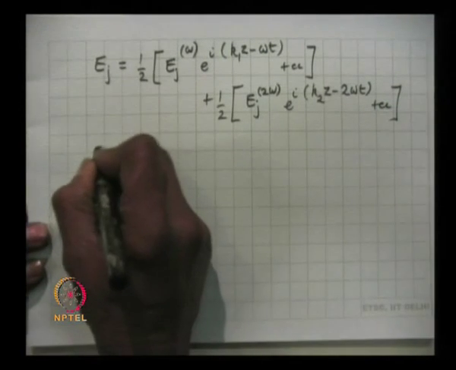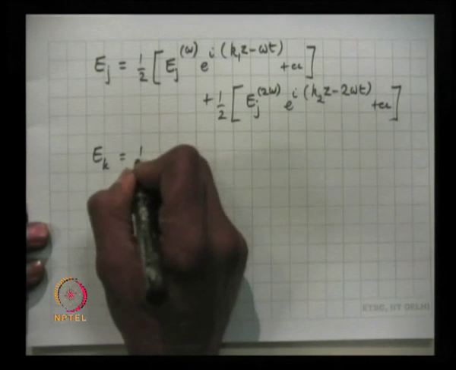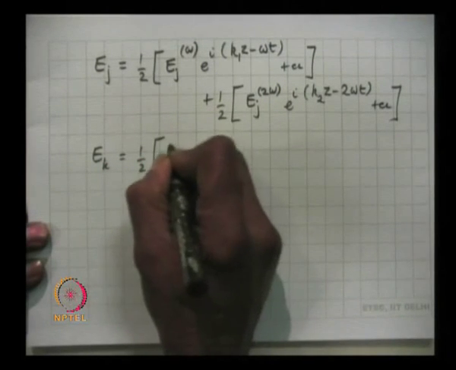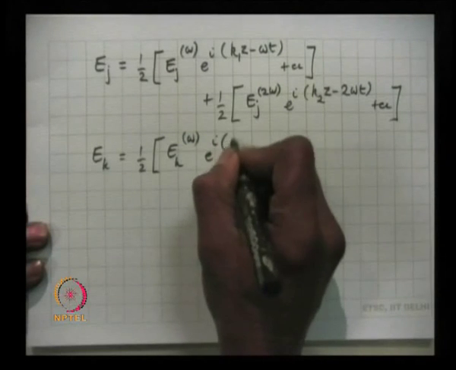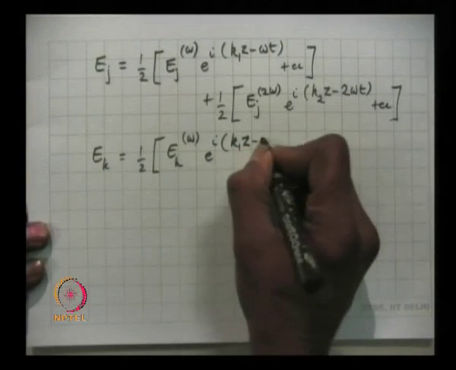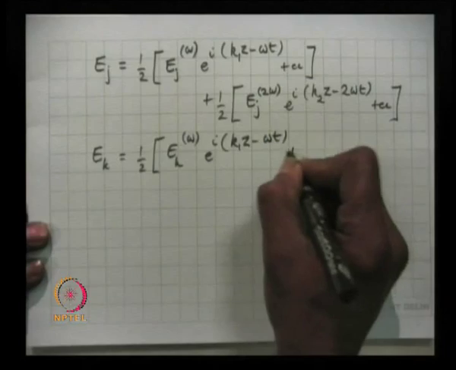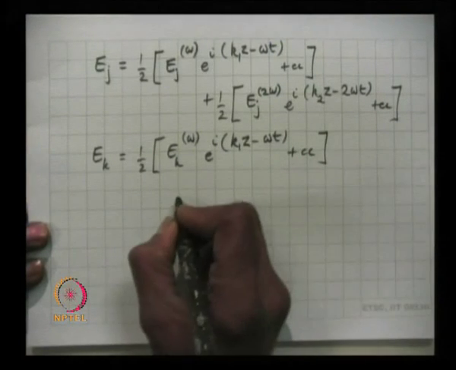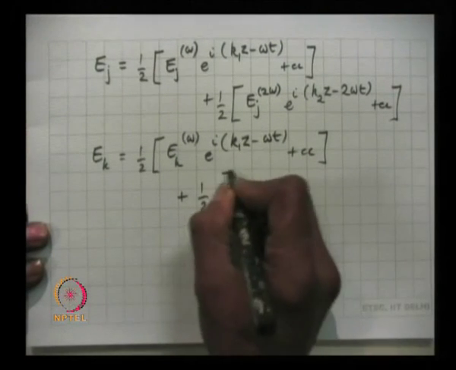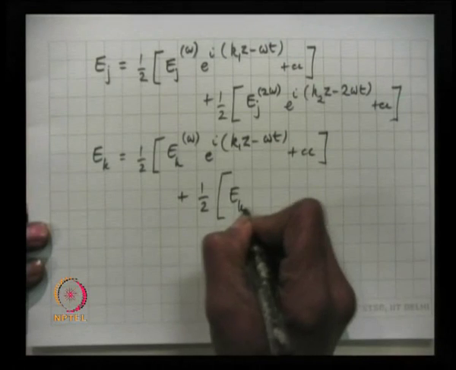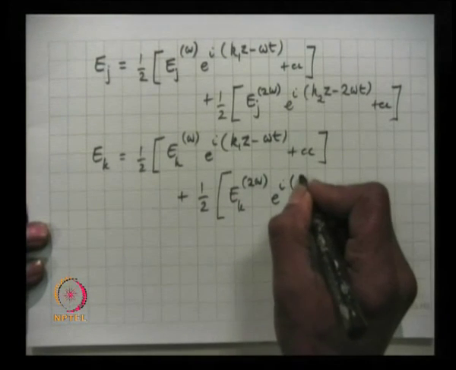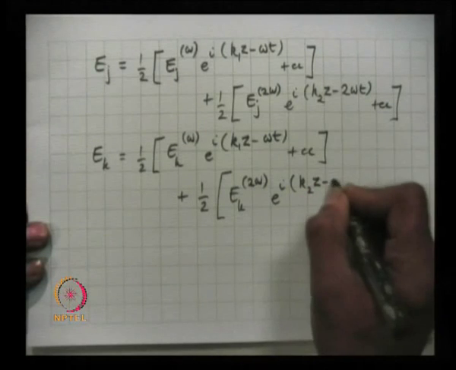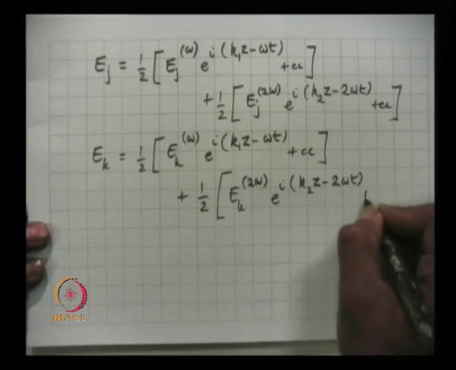Similarly, the kth component of the electric field will be simply this with j replaced by k, because I do not know a priori what are the components of the electric field of the wave at frequency omega and the frequency 2 omega, plus complex conjugate.